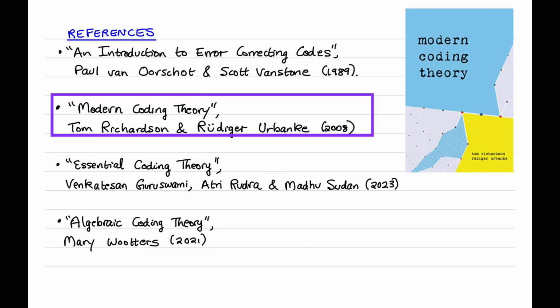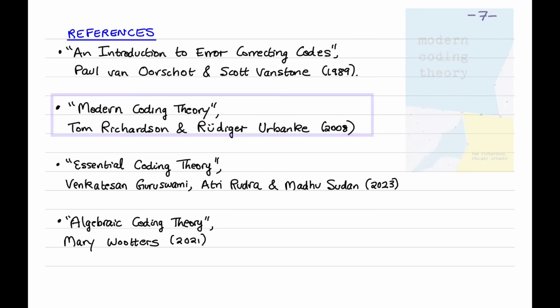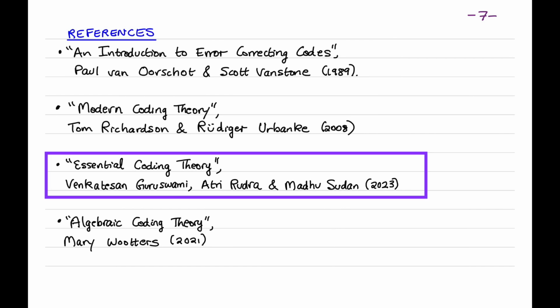This book covers iterative channel encoding, including LDPC codes and turbo codes. The book Essential Coding Theory by Guruswami, Rudra, and Sudan, which was still in draft form when this video was made, covers list decoding and many interesting applications of Reed-Solomon codes and also polar codes.